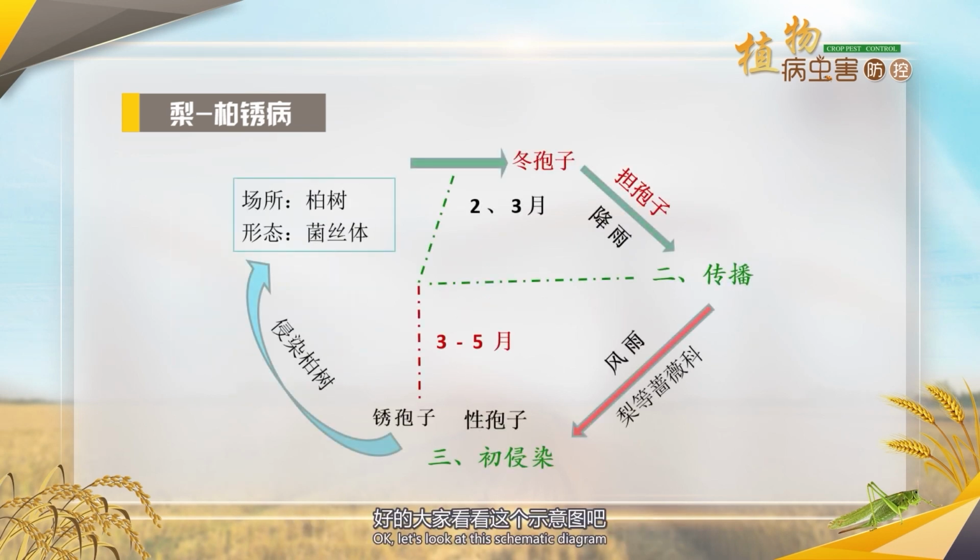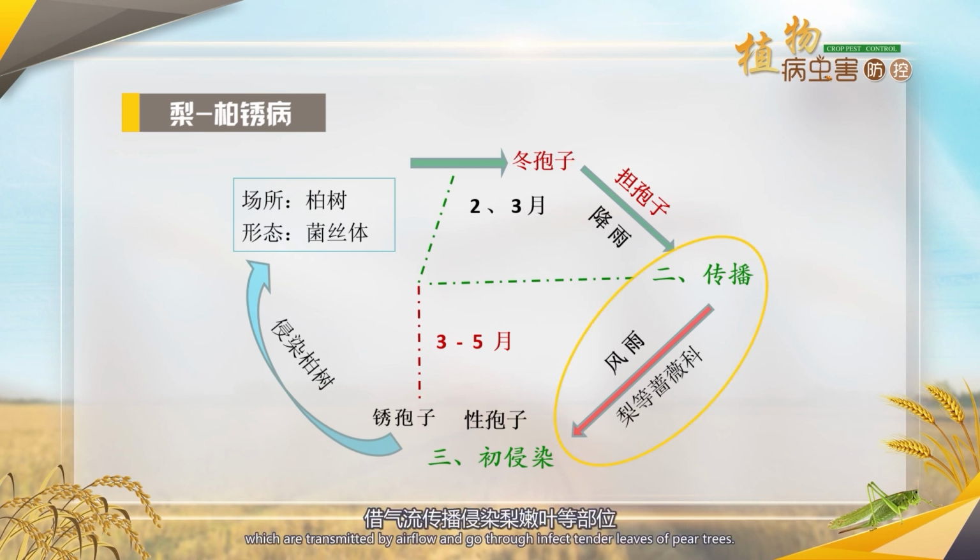Okay, let's look at this schematic diagram to understand the law of the disease outbreak. The pathogen of pear rust overwinters as mycelium on cypresses. In February and March of the following year, teleospores are formed and then germinate to produce basidiospora, which are transmitted by airflow and infect tender leaves of pear trees.